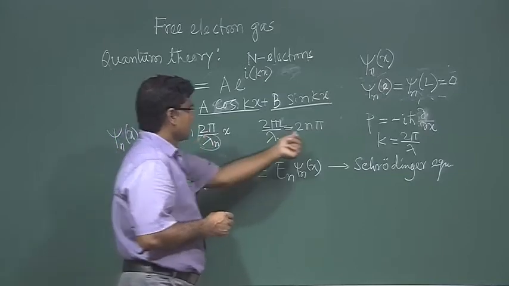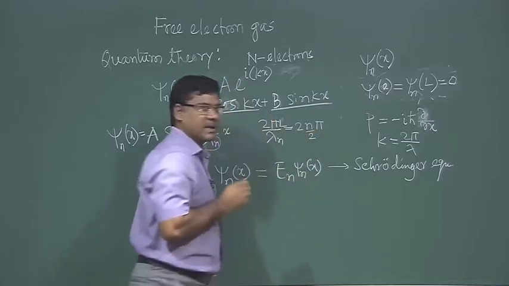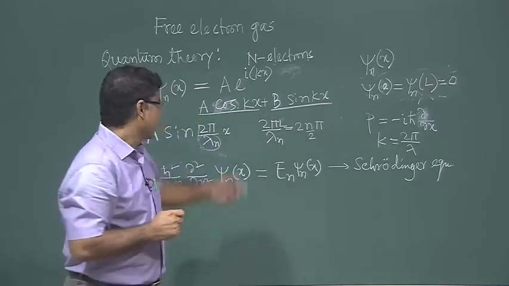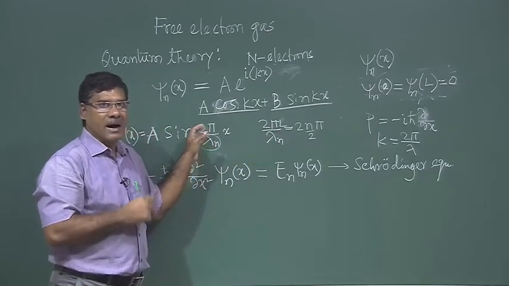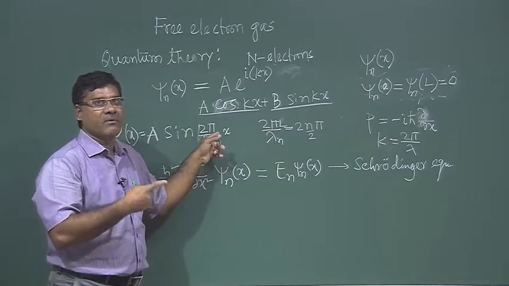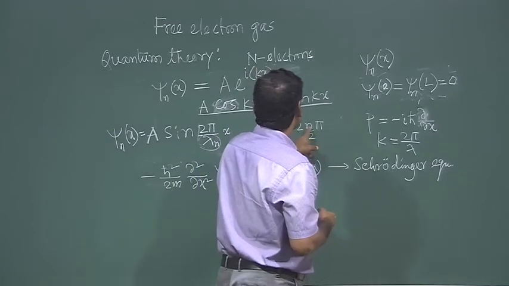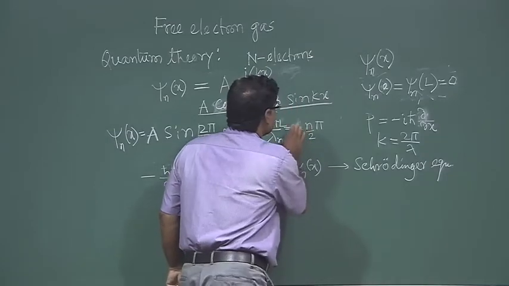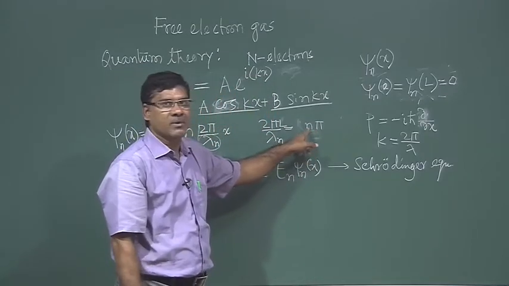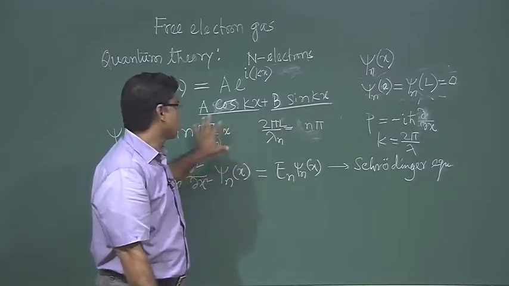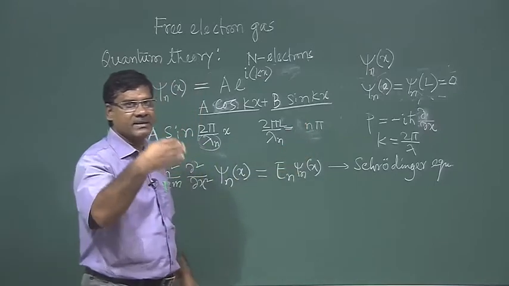Actually, I can take even n pi, because it will be 0 for pi, 2 pi, 3 pi, 4 pi, right. For n equal to 1 it will be pi, for n equal to 2 it will be 2 pi. If I take 2 n pi, then I am missing pi, 3 pi, right.